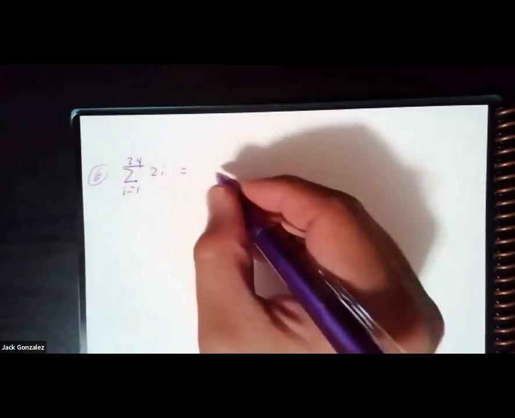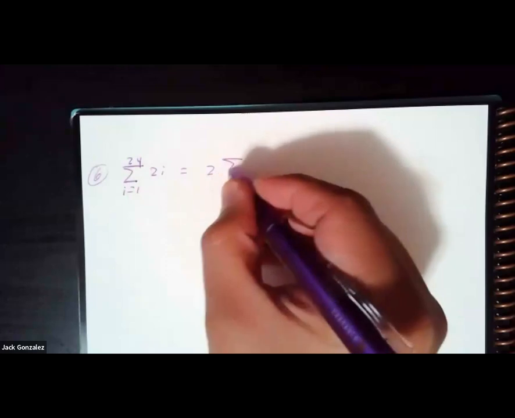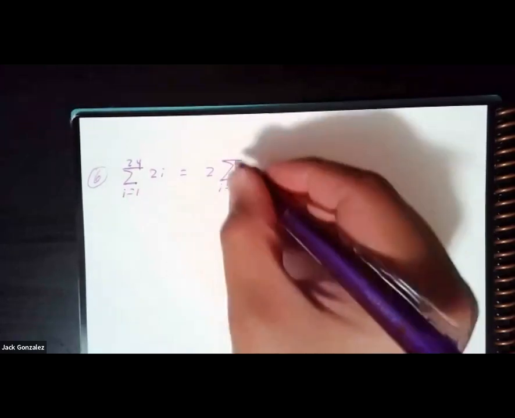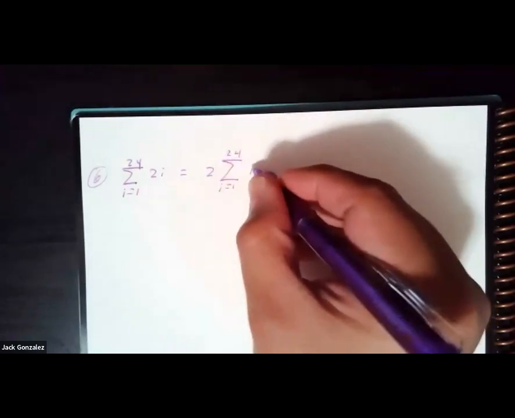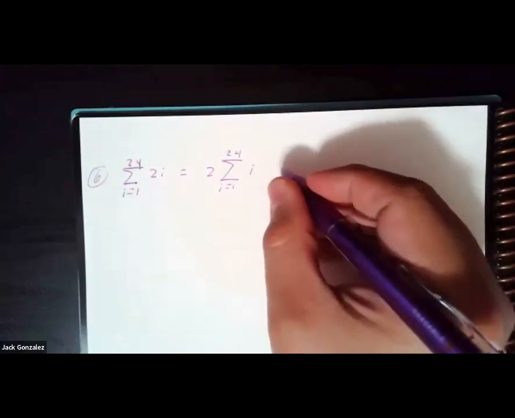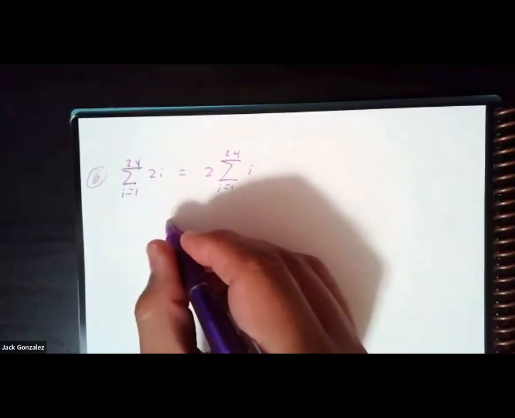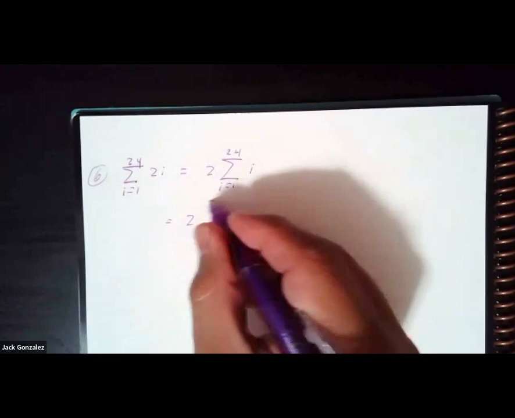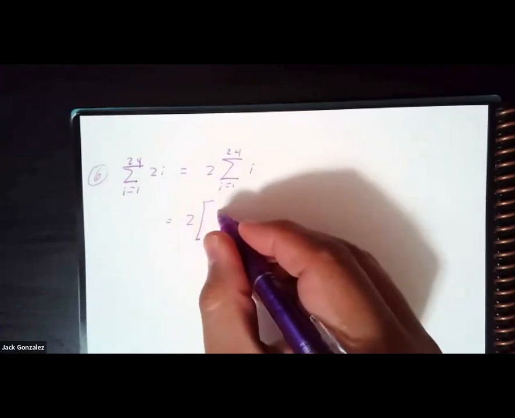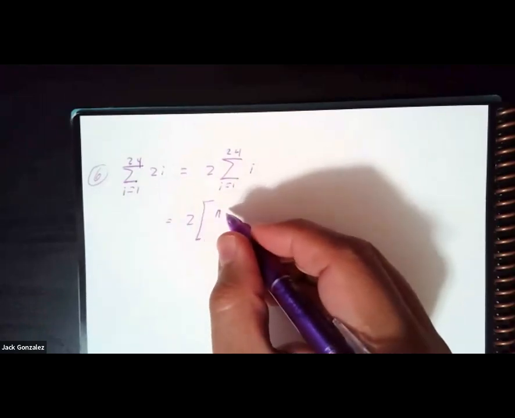So basically what I'm saying is pull out the 2 and ignore it for now. Use the formula, so that's going to be 2 times the formula thing, n times, I forgot what it was, n plus 1, right?